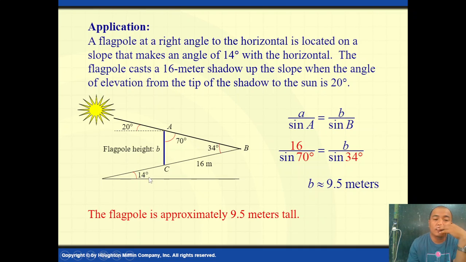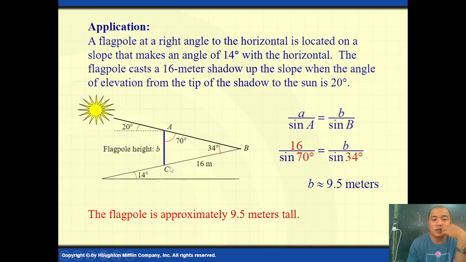So if this is 14 degrees, and this is 34 degrees. Where did we get 34 degrees? This is 70 degrees, this is 90 degrees. So 34 degrees is angle B.